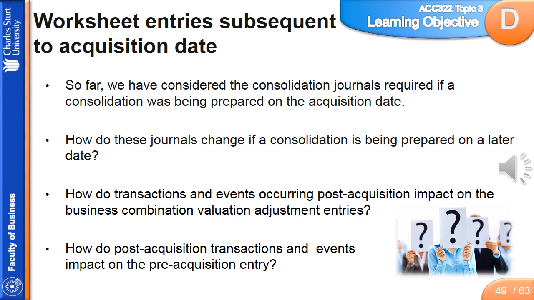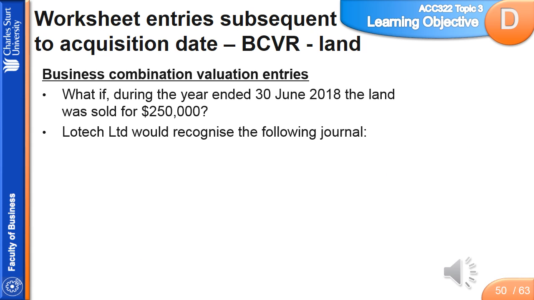So if you were to make the acquisition at the start of the financial reporting period and then it's now the end of the financial reporting period, you'd expect that inventory that was revalued at acquisition date was sold. So there'll be some adjustments required with the consolidation journal entries to account for this. Let's look at a few different events here and how they would be accounted for.